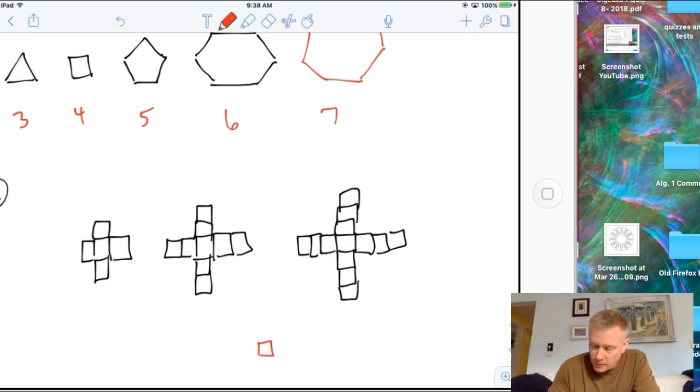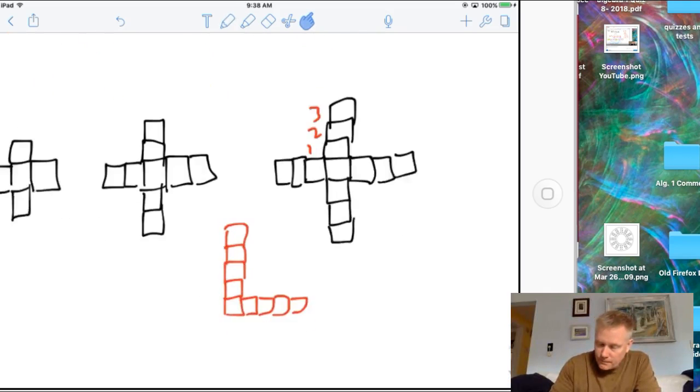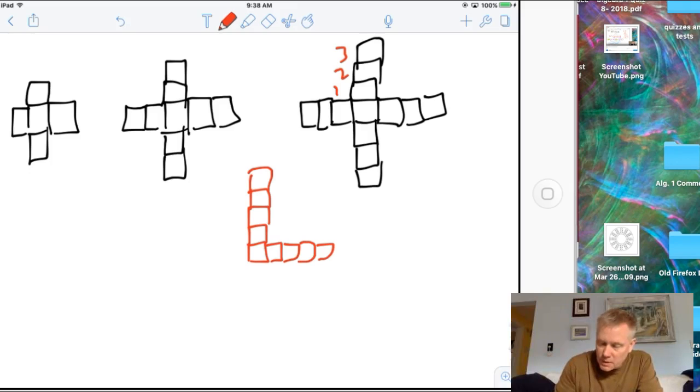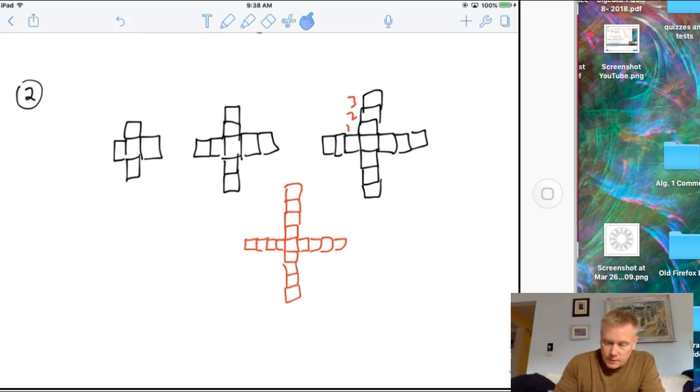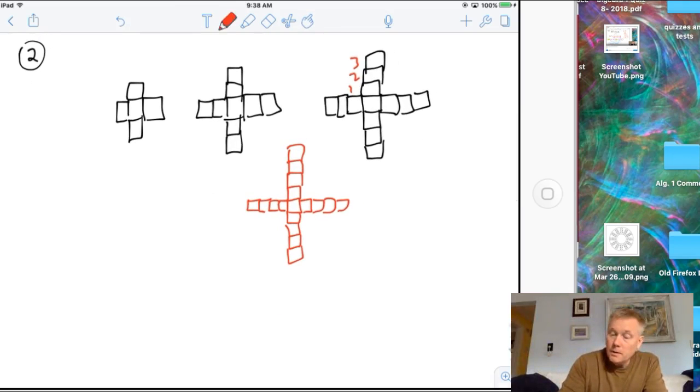So if I start with the middle here, this one's got 1, 2, 3 going out each direction. That means this one's going to have 4 going out. 1, 2, 3, 4 in all directions. And that's what my figure is going to be if I just keep extending that. So that would be the answer, and hopefully the teacher won't take off any points for sloppy drawing.